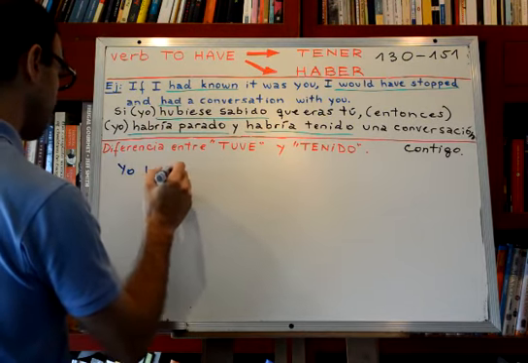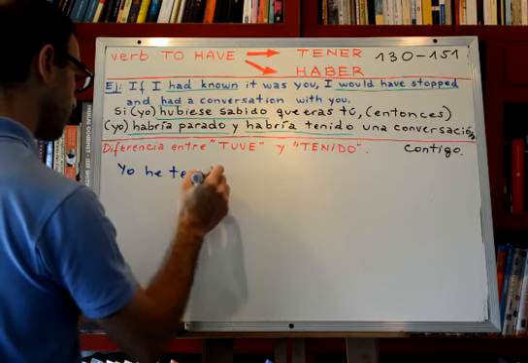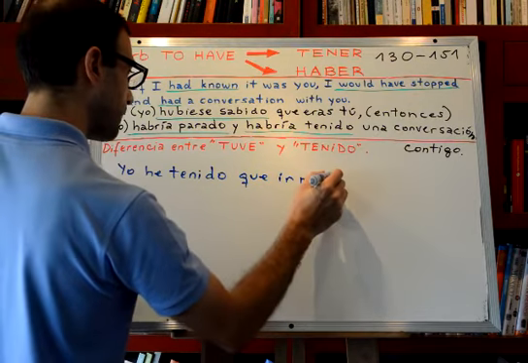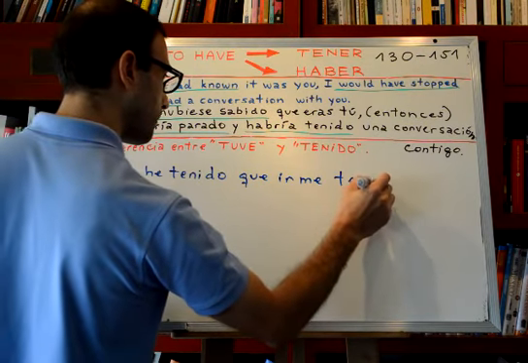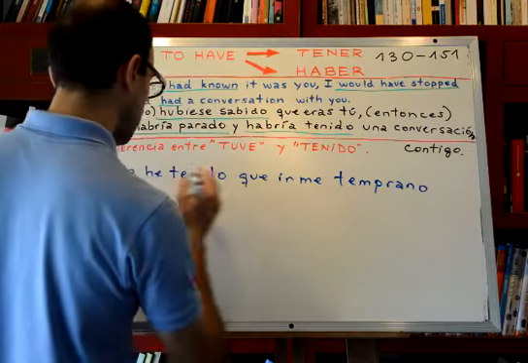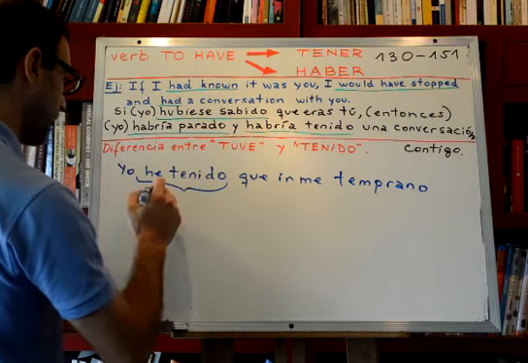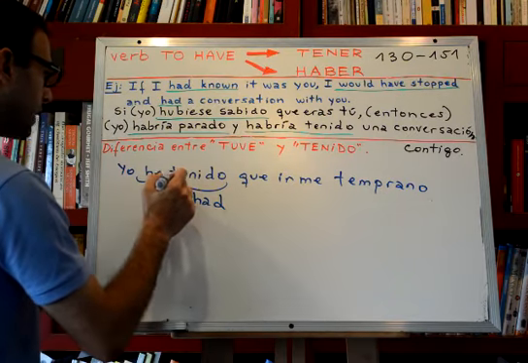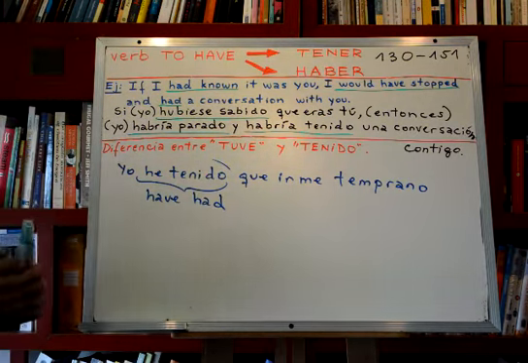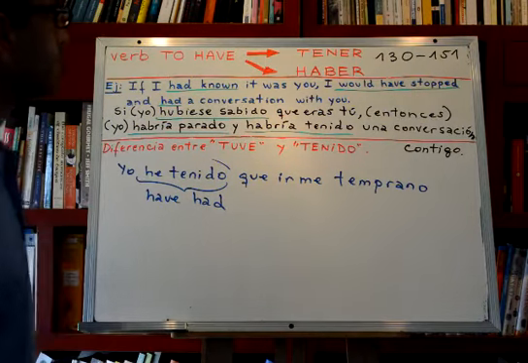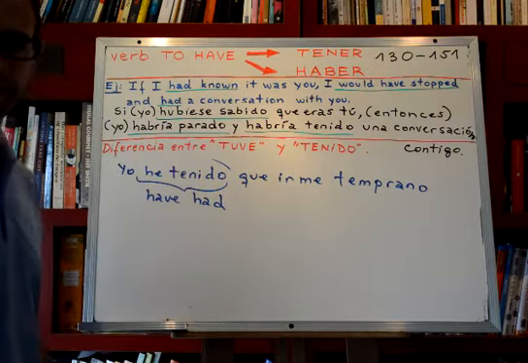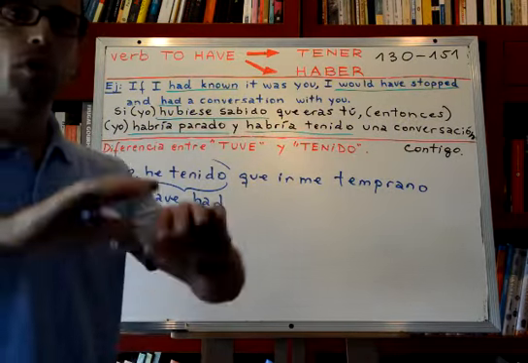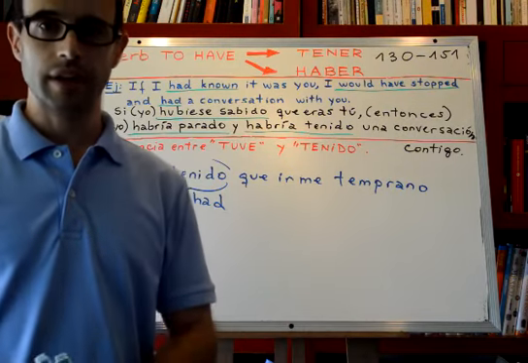So, he tenido is have had, okay? So, tenido is the past participle of the verb tener, right? And as in English, the past participle applies for all the subject pronouns.